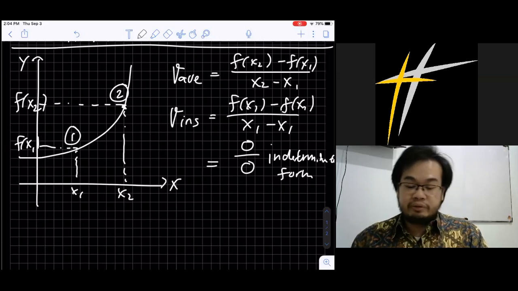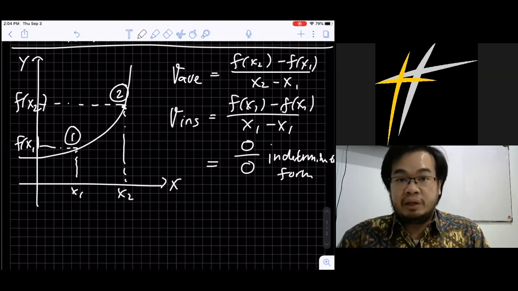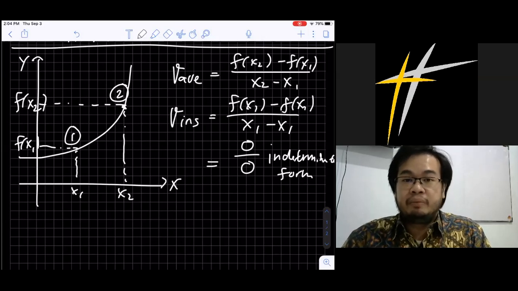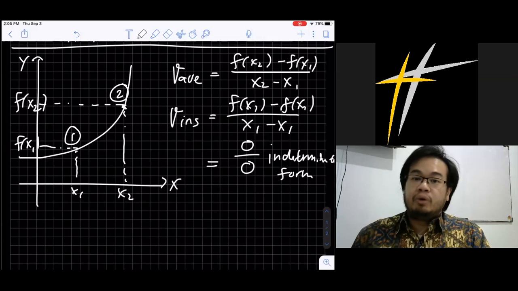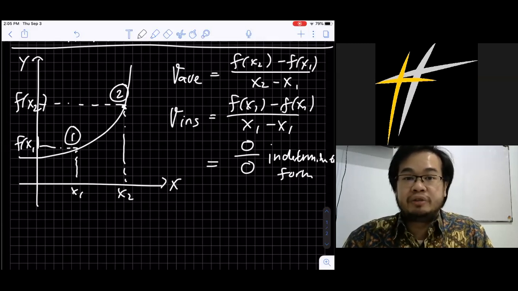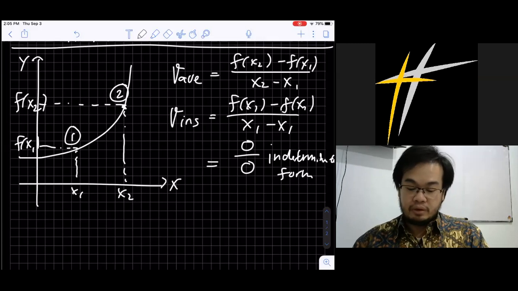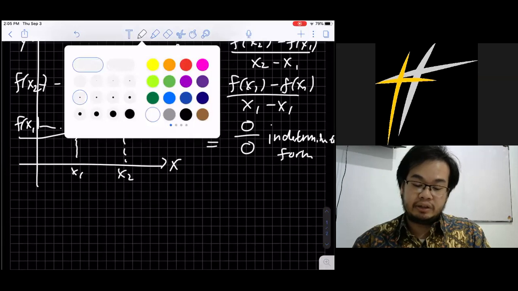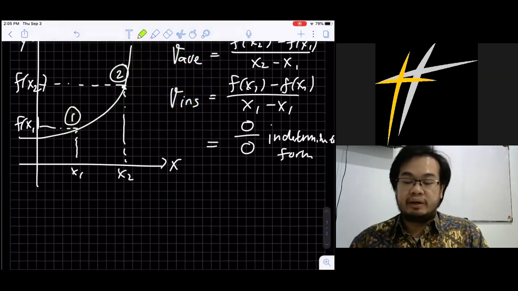So now we're gonna use the concept of limit to find the exact value of a derivative. I will repeat. We will use the concept of limit to find the exact value of the derivative. So right now we are no longer approximating the value of the derivative, but we are trying to find the exact value. As you know, in instantaneous rate of change, we are trying to find the rate of change at an instant moment.